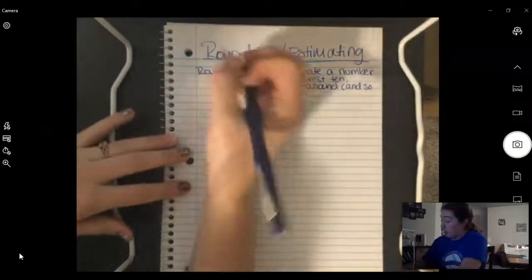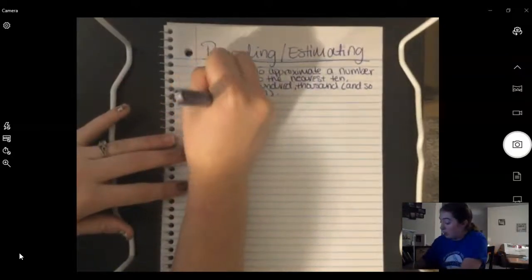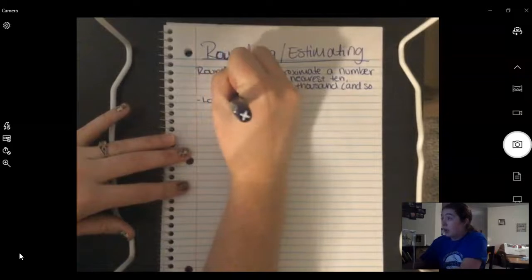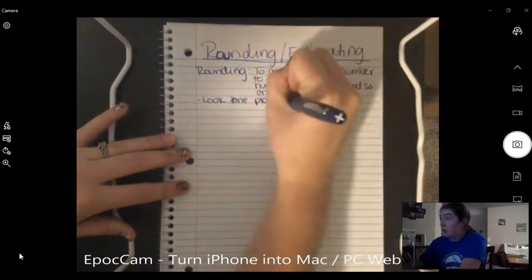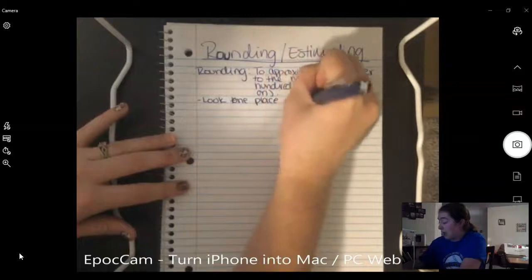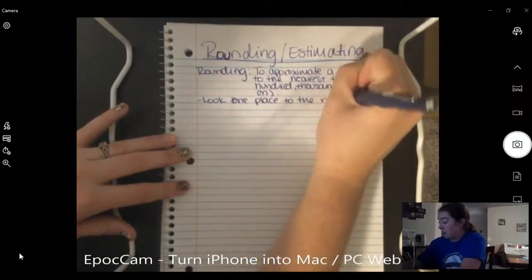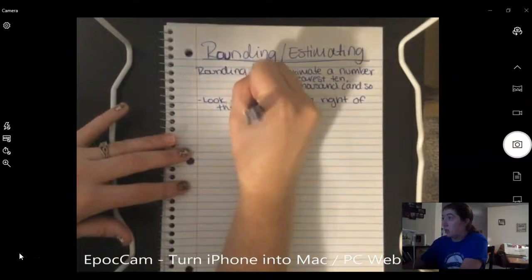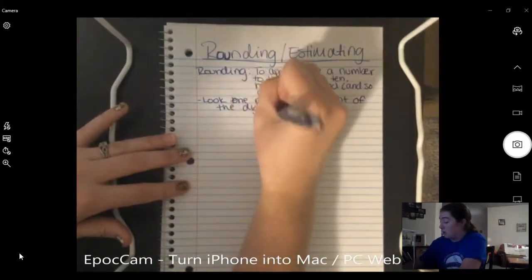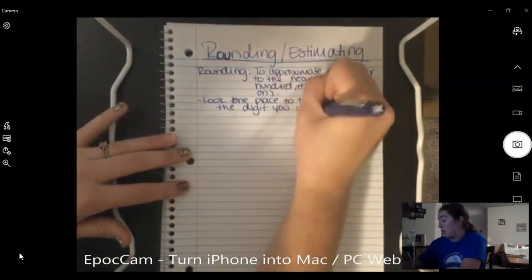So when we round, we always look one place to the right of the digit you want to round to.